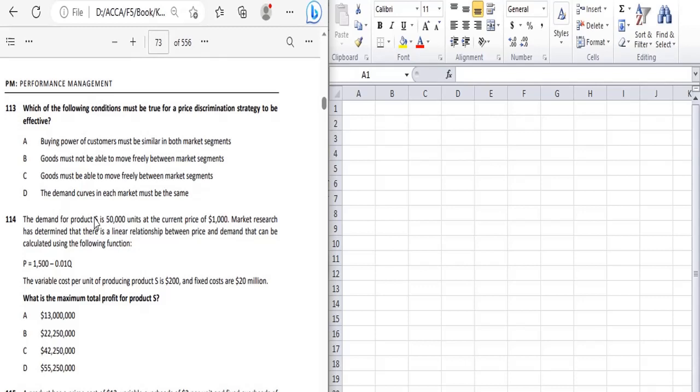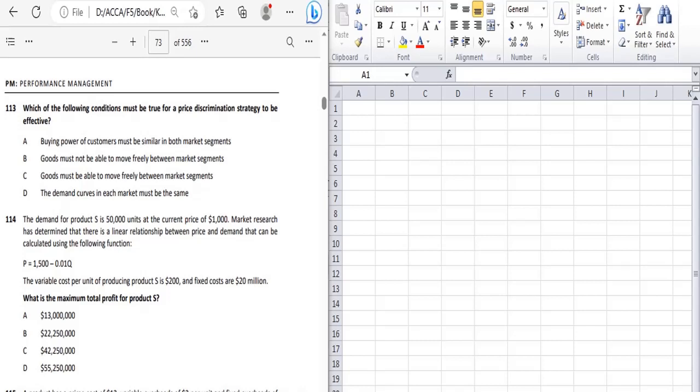So buying power of customers must be similar in both market segments. This is not true, because if the buying power is similar, then obviously a black market will be created, where customers buy from one market and sell at a higher price in the other market, right? So goods must not be able to move freely between the markets.